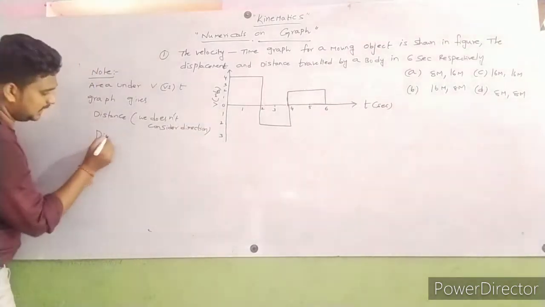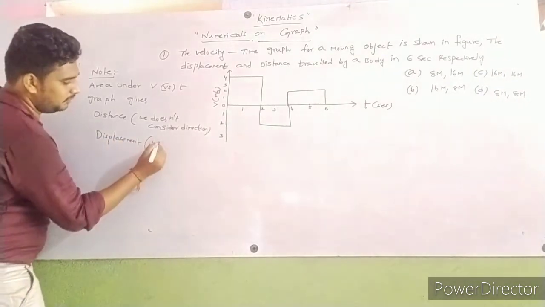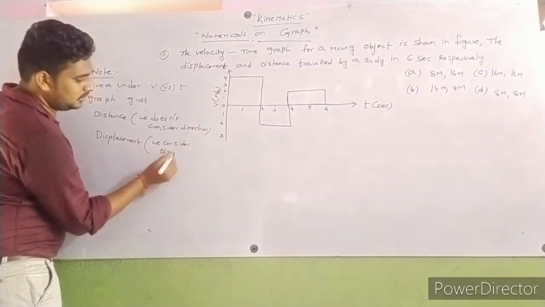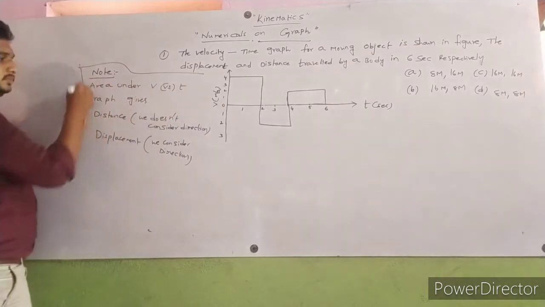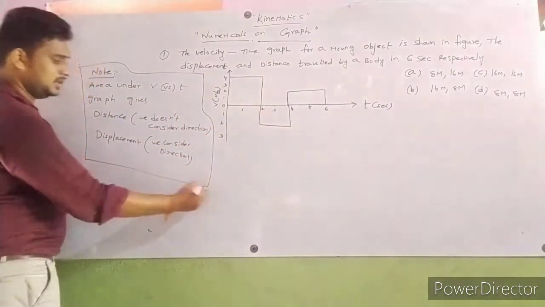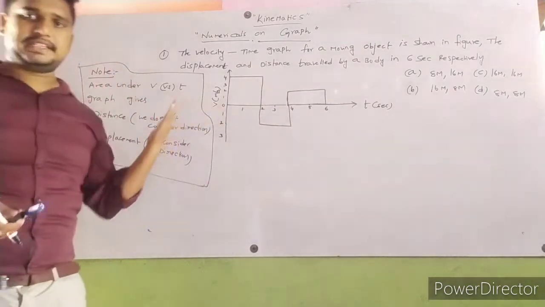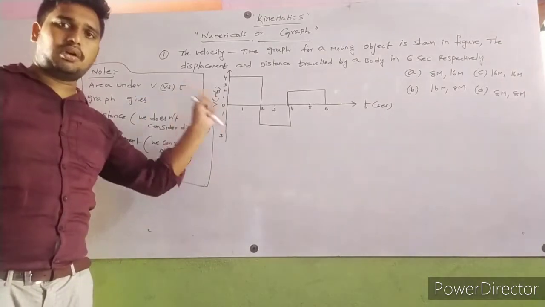It gives displacement; we consider direction. So this is the note point. This is already explained in basic information about graphs. In the last lecture I explained this point. So based upon this point only I have to solve this question.